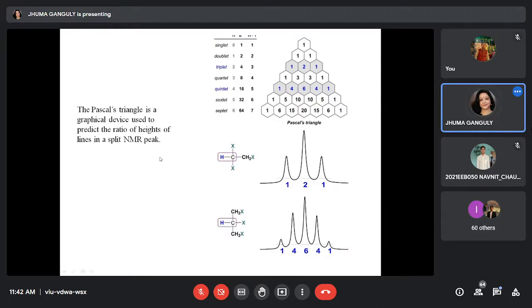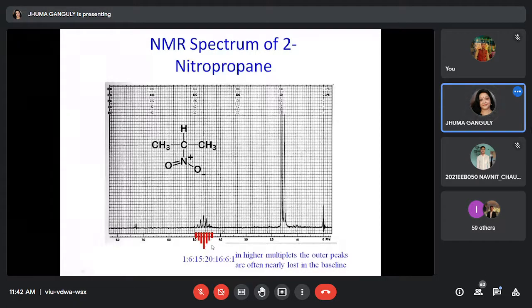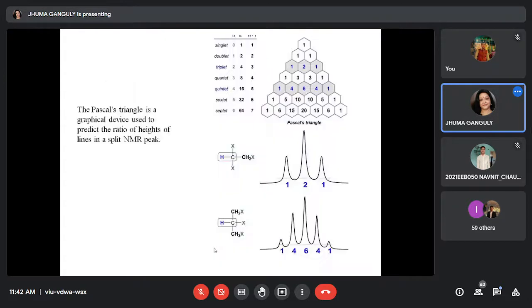Suppose you have this one, you can predict the height of each line from Pascal's triangle. This is the calculation for a singlet.